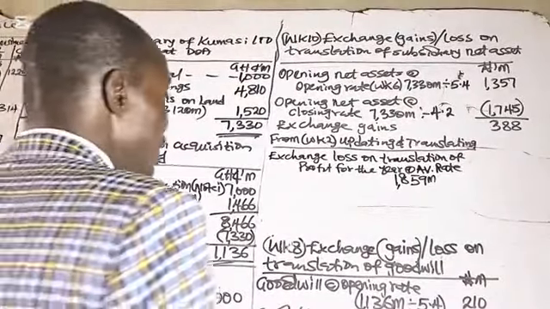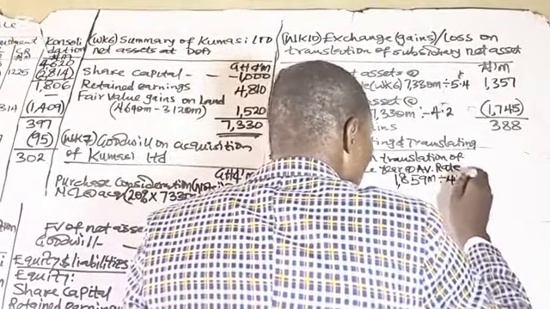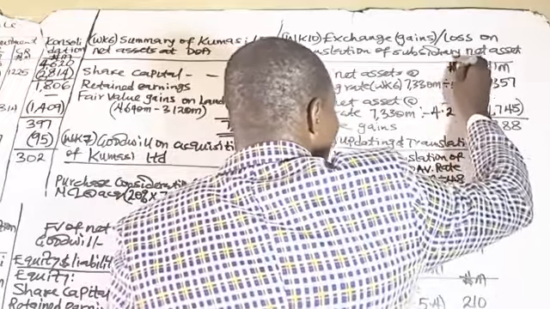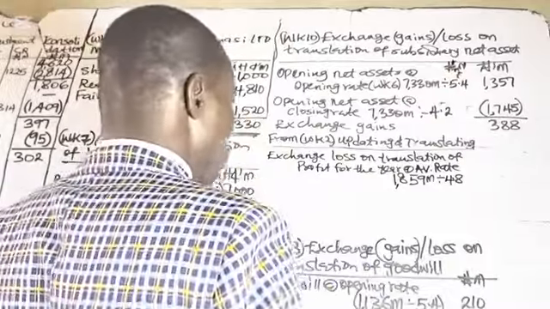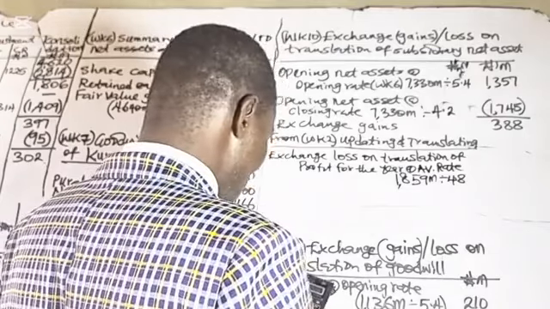That is 4.8. So we want to use that 4.8 to translate it. 1,859 divided by 4.8.